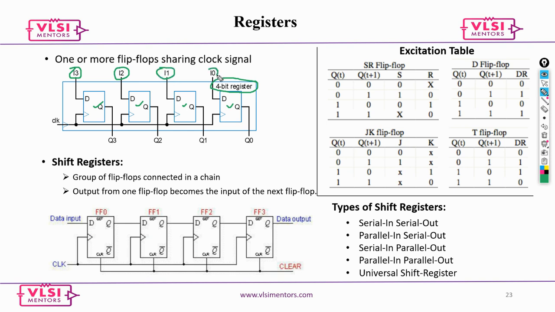So your data at a certain point would be connected to this D, and the moment you pass a clock, that data is captured to Q. Then your q0, q1, q2, q3 become constant, in the sense the value gets stored, so they don't change till your next clock comes. So this is used to store the value, and the output is memorized, so it could be used during your operations or data processing.